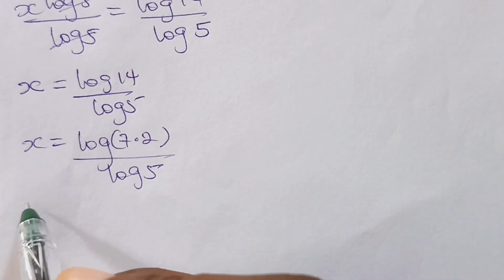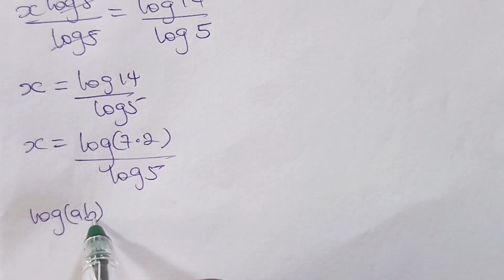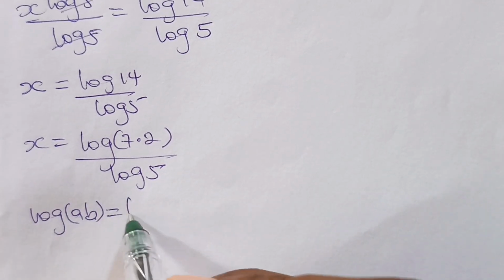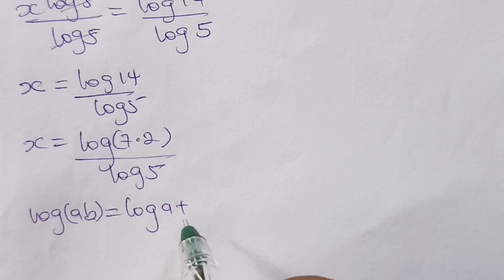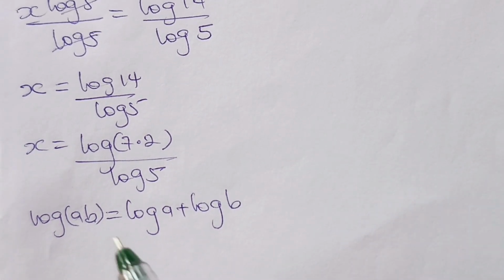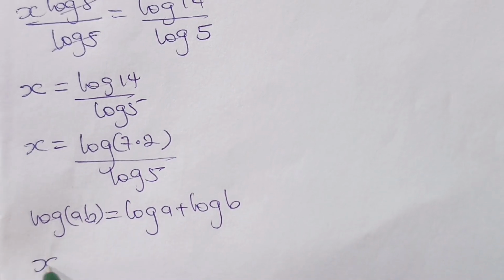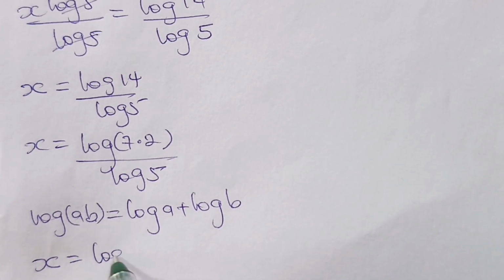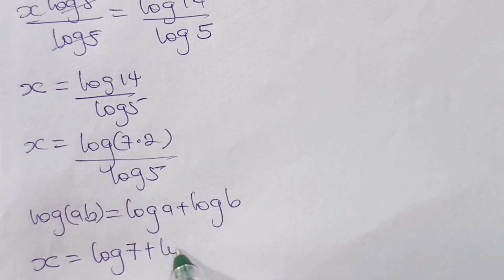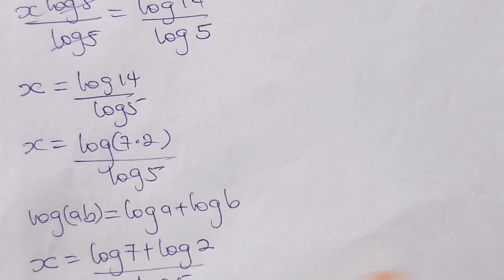Now when you have log of a times b, this is equal to log a plus log b. That simply means that we can rewrite this as x is equal to log 7 plus log 2, everything divided by log 5.